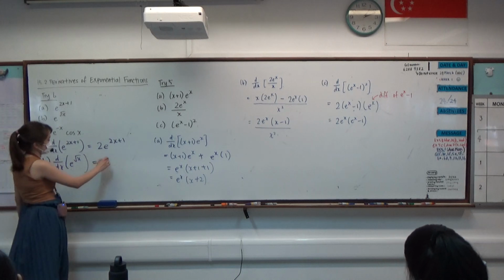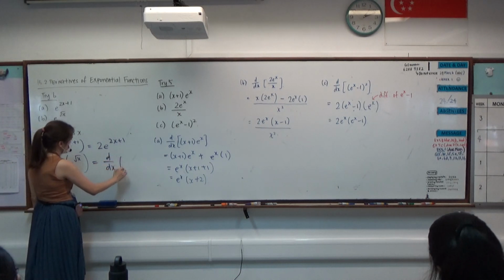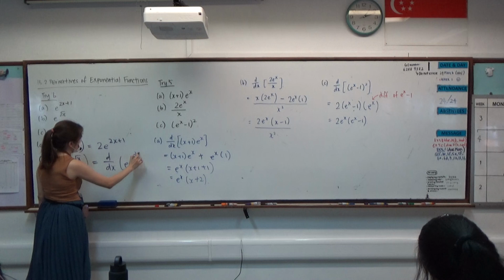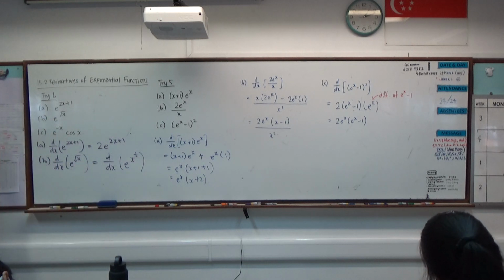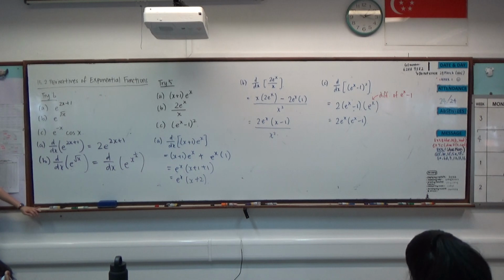Shall I maybe write it in this manner for you? What would it be? For exponential, always keep it the same way. Then after we multiply by the differentiation of the powers.